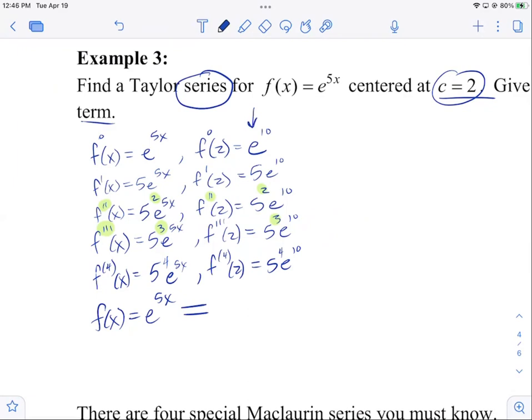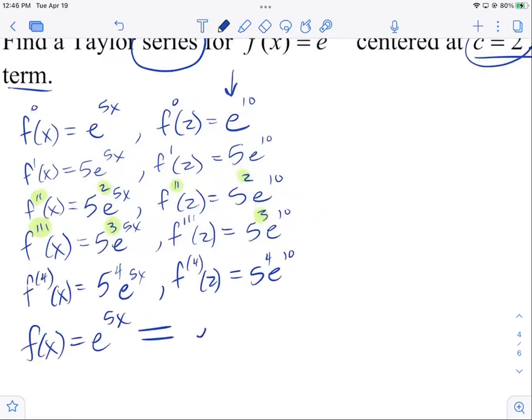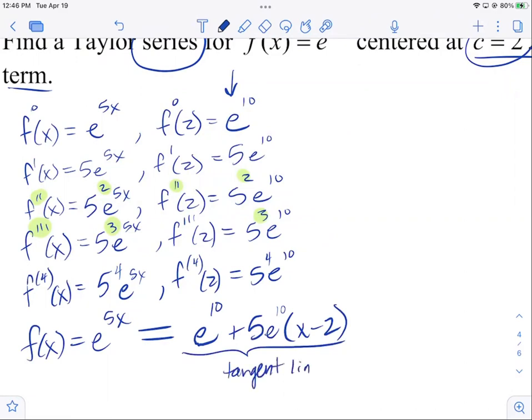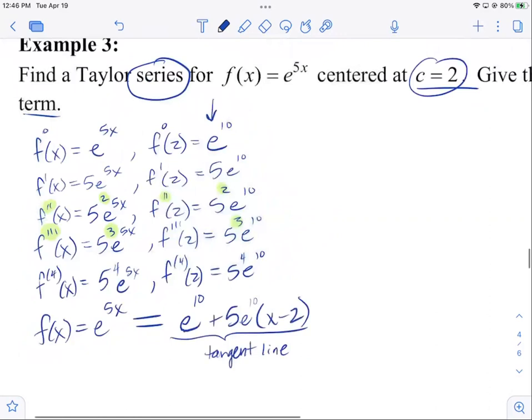So let's start by writing the first two terms like we would for the equation of a line. It's going to be the y value, which is e to the 10th, plus the slope, which is 5 e to the 10th times x minus the x value of 2. This would be your tangent line. And then after that, the pattern picks up, because now we're on the second derivative.